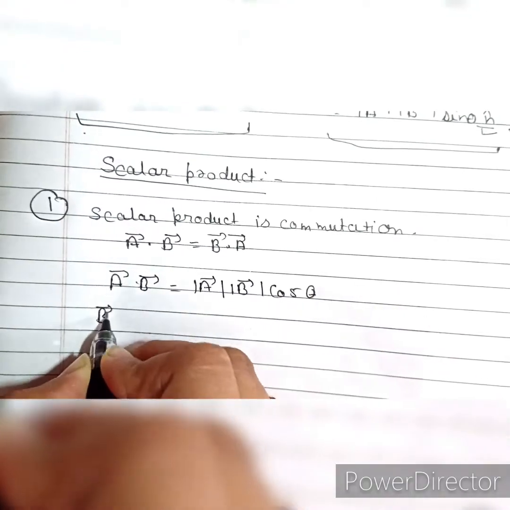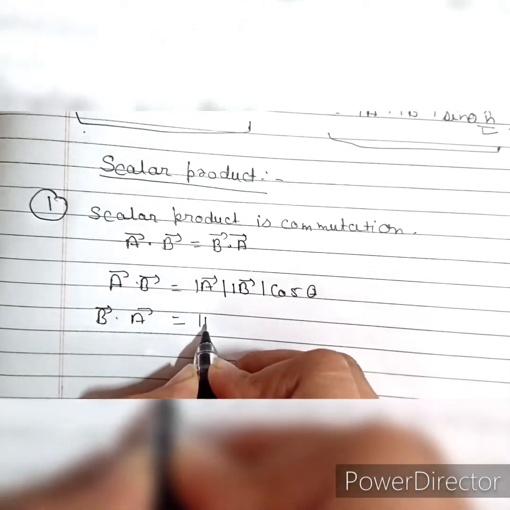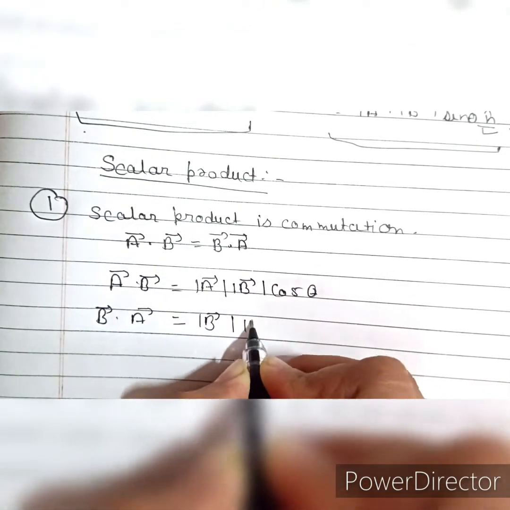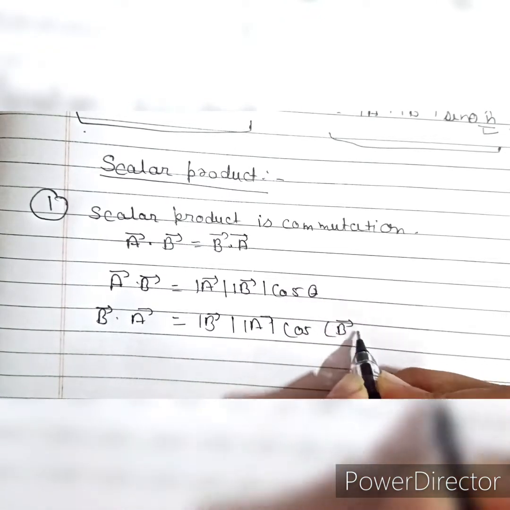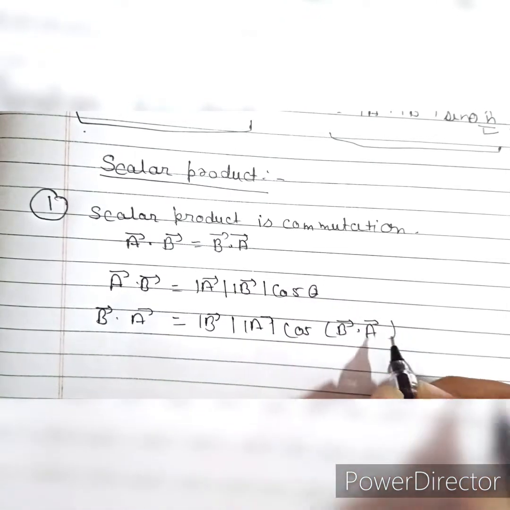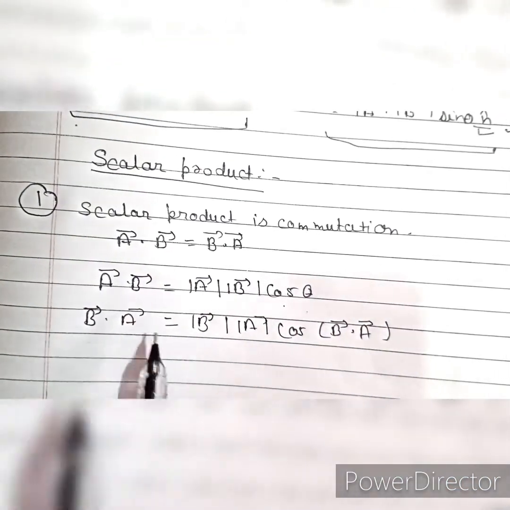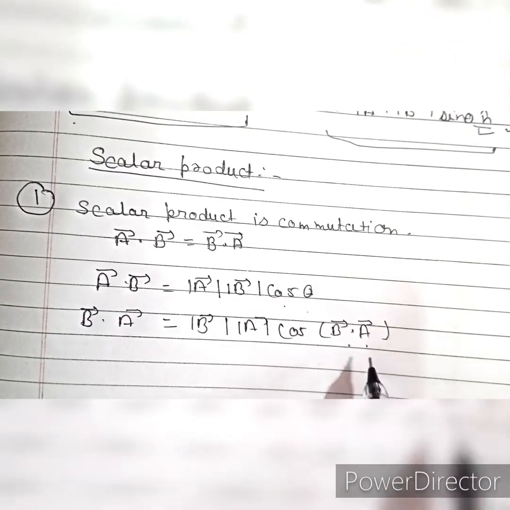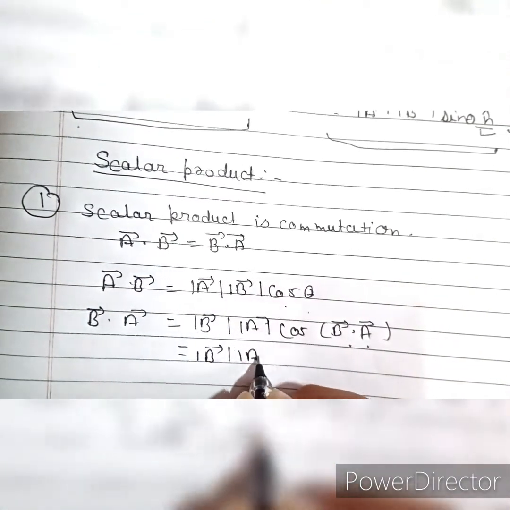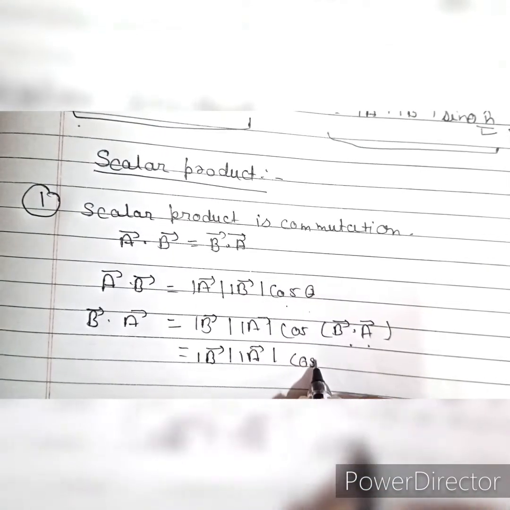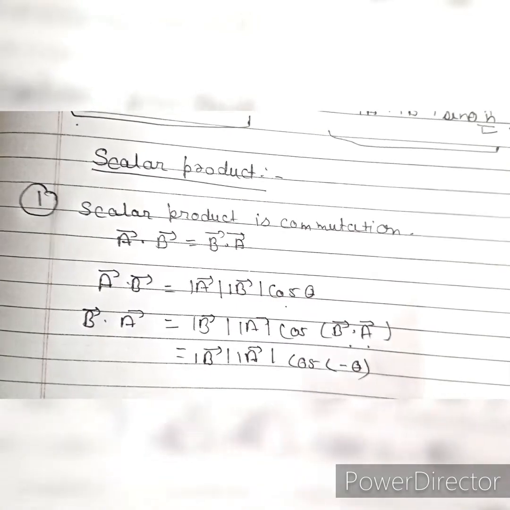If we talk about B dot A, it becomes magnitude of B, magnitude of A, and cos of minus theta, where theta is the angle between them.